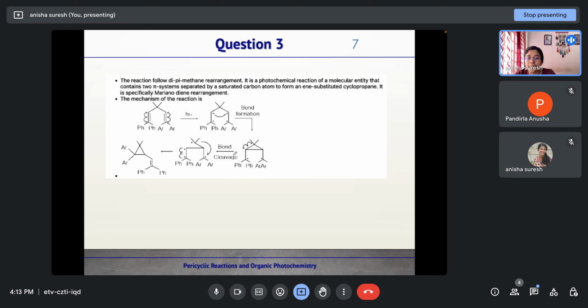Now what will happen? This cyclopropane ring can undergo breakage. It can break in this direction or in this direction.